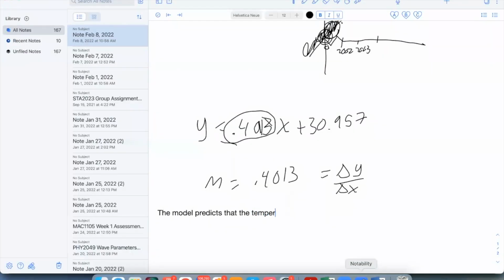The temperature increases because it's positive by 0.4013 degrees Celsius per year. Am I spelling Celsius wrong? Oh, I guess I am. It's always y per year or per x. It's your change in y for each additional change in x. Slope is a ratio, it's a fraction.